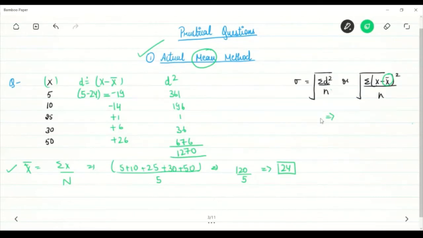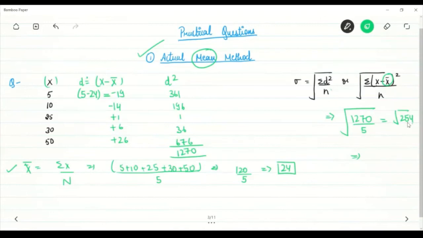So let us put all these values in the formula. Under root, sigma d square value is 1270 divided by 5, and we will get under root 254 as the value. Now this is a non-perfect number, and I know how to calculate the square root of a non-perfect number. If you want to understand that, I will upload another video to calculate this value without the help of a calculator.